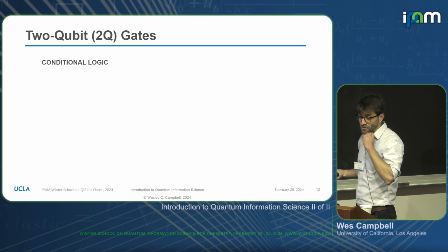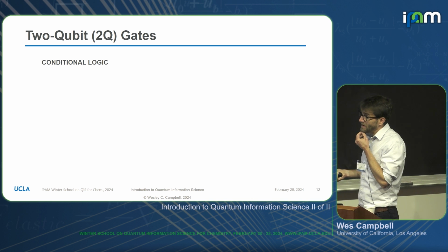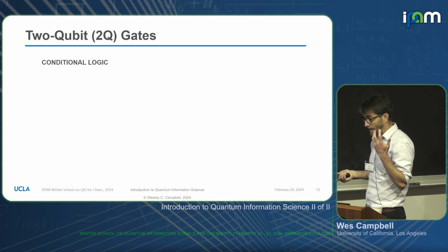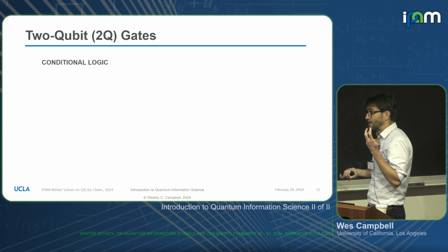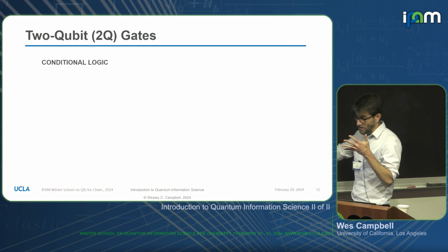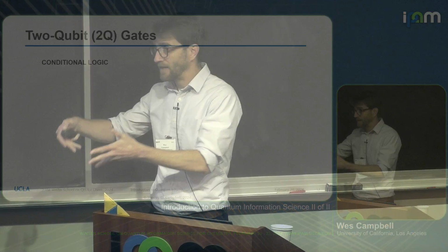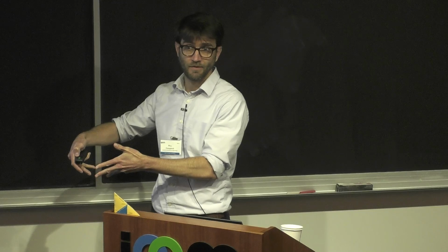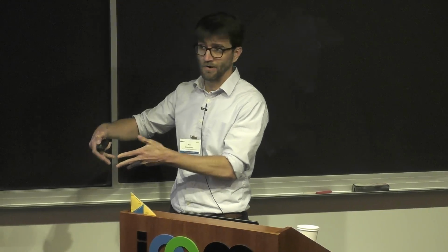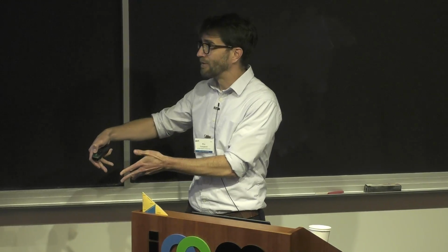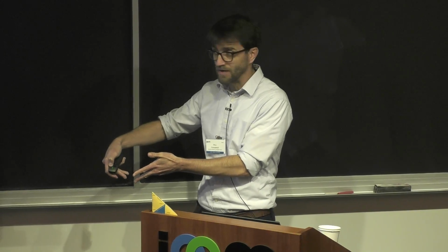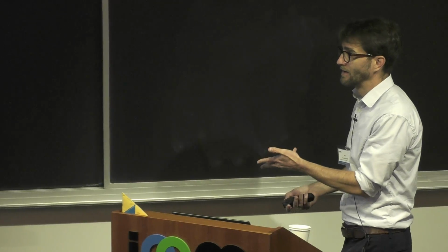Now for 2-qubit gates, we need to be able to do conditional logic. What I mean by this is that we need to be able to do something to qubit number 2 that depends upon the state of qubit number 1. But we're not going to measure qubit number 1 and then do it. We're going to allow qubit 1 to be in both states, to be in a superposition. Okay?